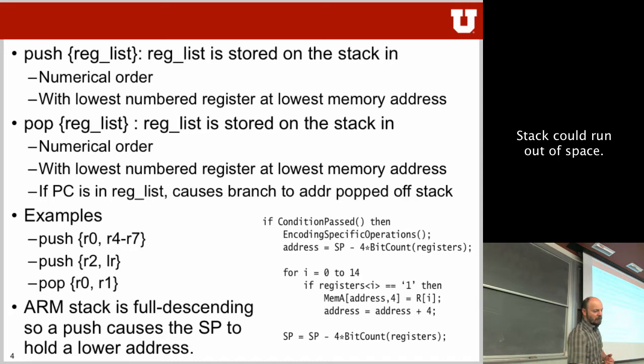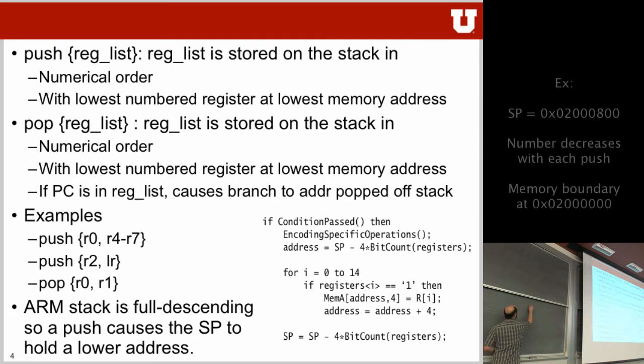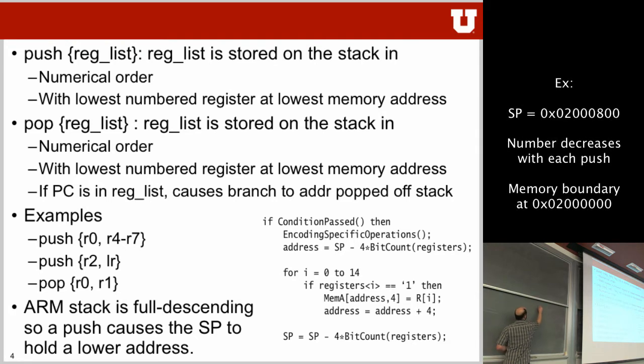So if you remember, we actually will have an example of this in a few seconds. When the stack pointer gets initialized to 0x20000800, right? If you now push stuff into the stack, this number will become smaller and smaller until eventually it's at 0x20000000.